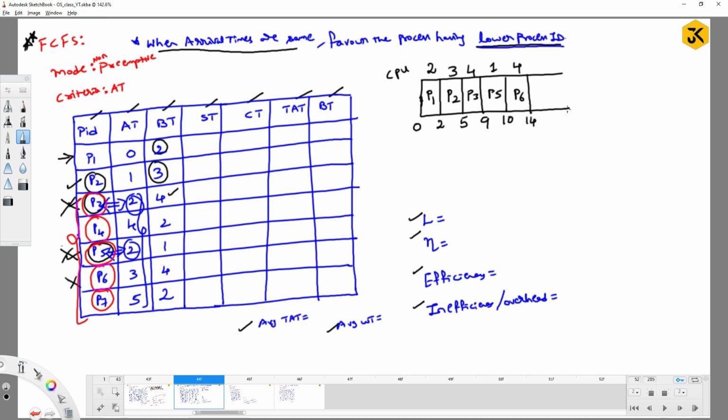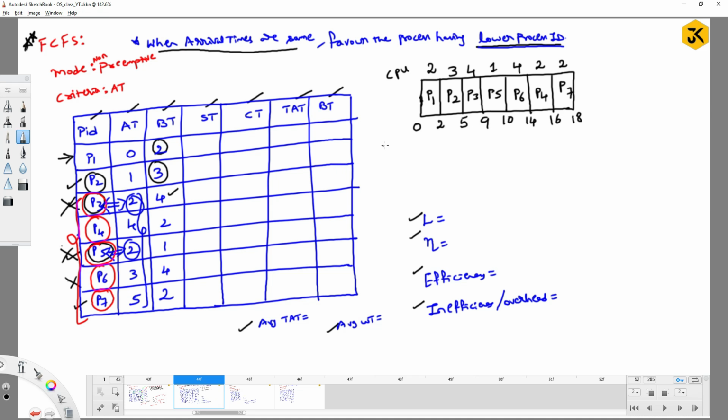Next P4 will be allocated, whose burst time is 2, so it will be completed by 16. And at the last, P7 will be allocated and completed by 18 units, as it also requires 2 units of CPU. So this is the Gantt chart, guys.